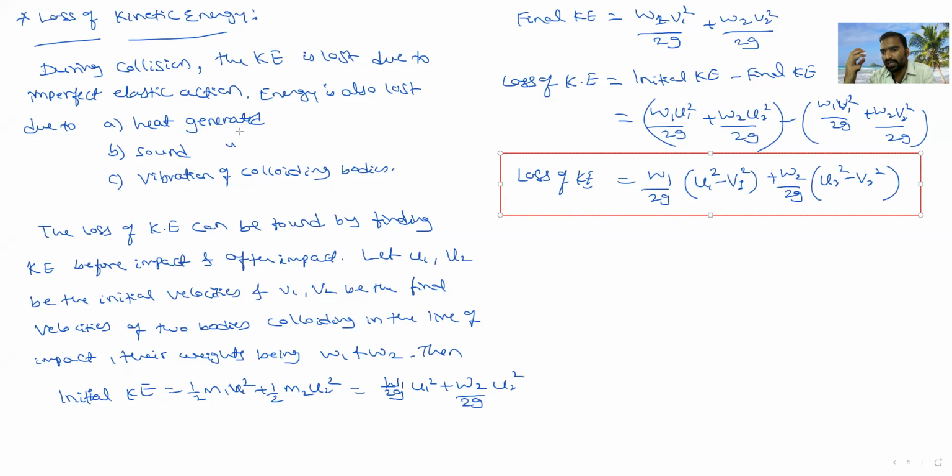Whenever a body is moving with some kinetic energy, it strikes another body and again it moves. Initially the initial energy and final energy are not the same. Some energy is lost, in the form of heat, sound or vibration. That magnitude is the loss of kinetic energy, initial kinetic energy minus final kinetic energy. So we will solve one problem.